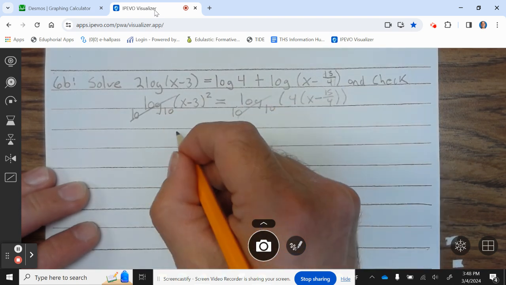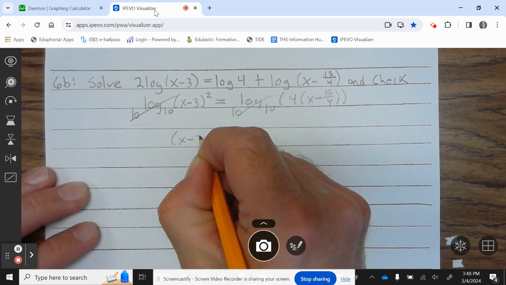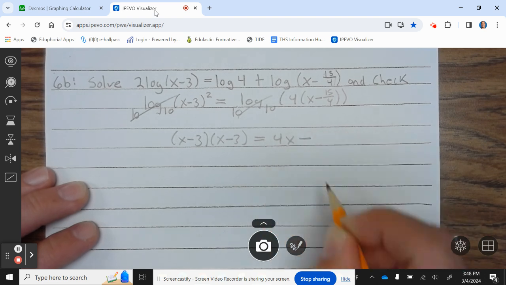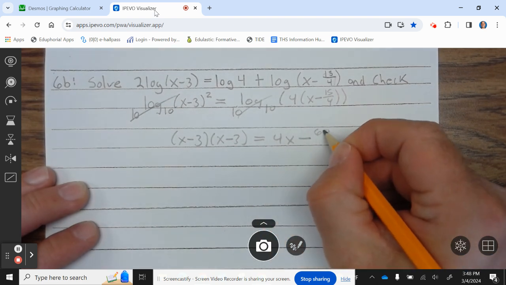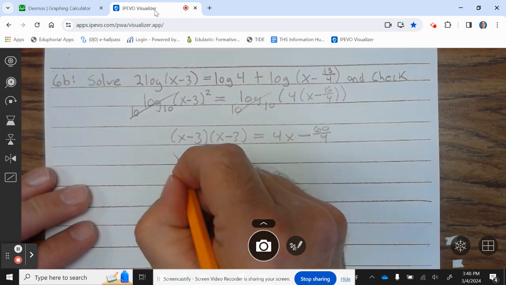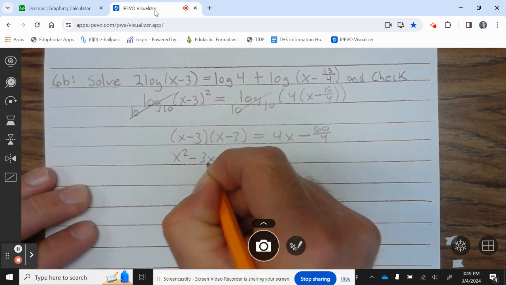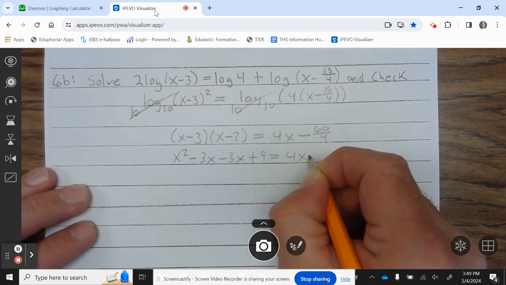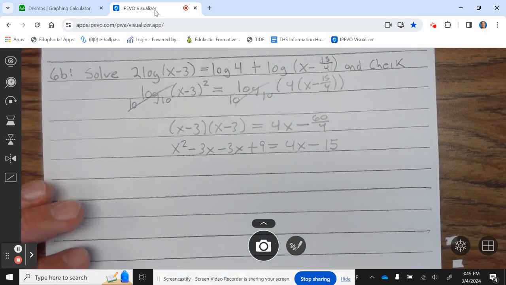Cancel, cancel. So we have x minus 3 times x minus 3 equals 4x minus 60 divided by 4. That's 4x minus 15. x times x is x squared minus 3x minus 3x plus 9 equals 4x minus 15.